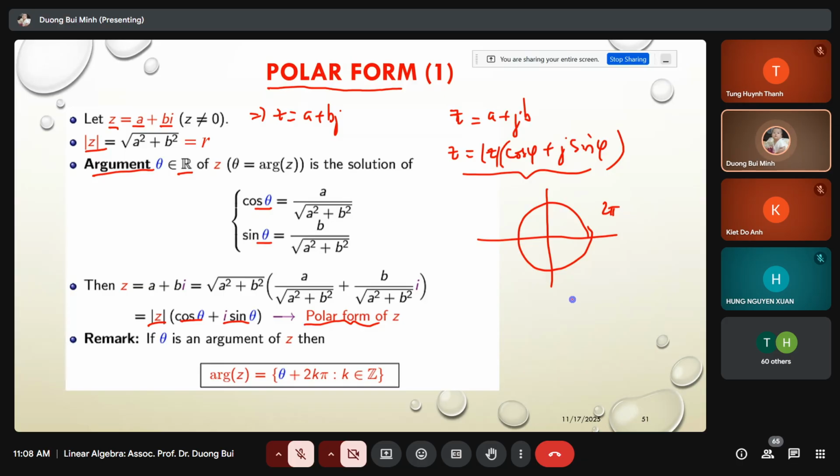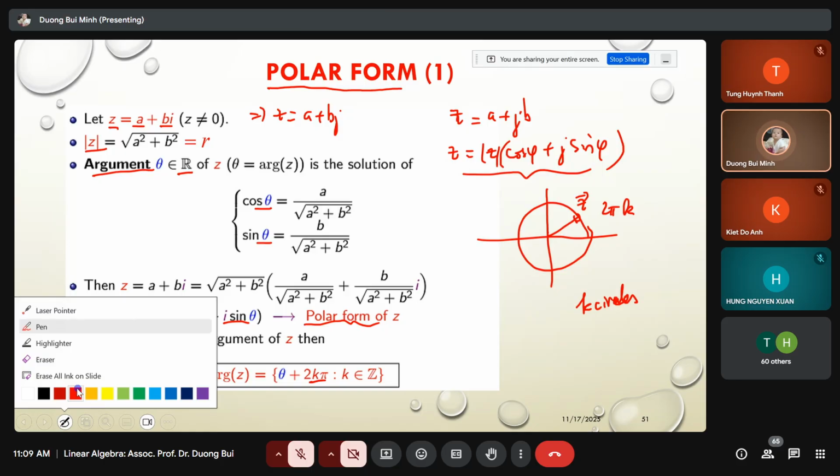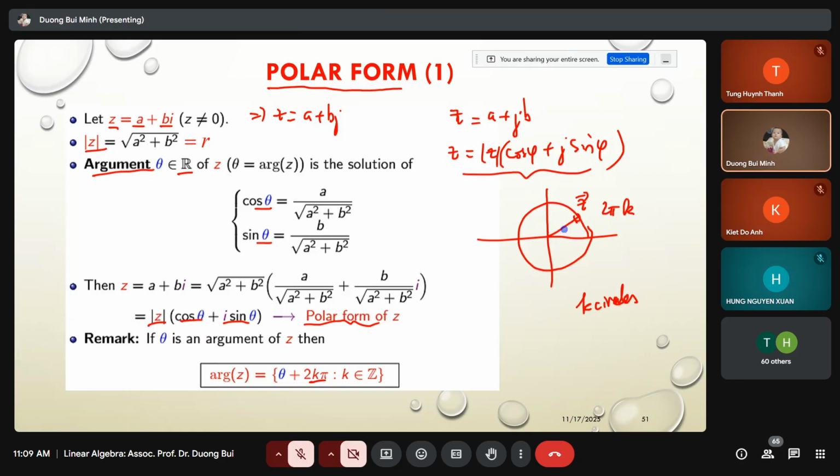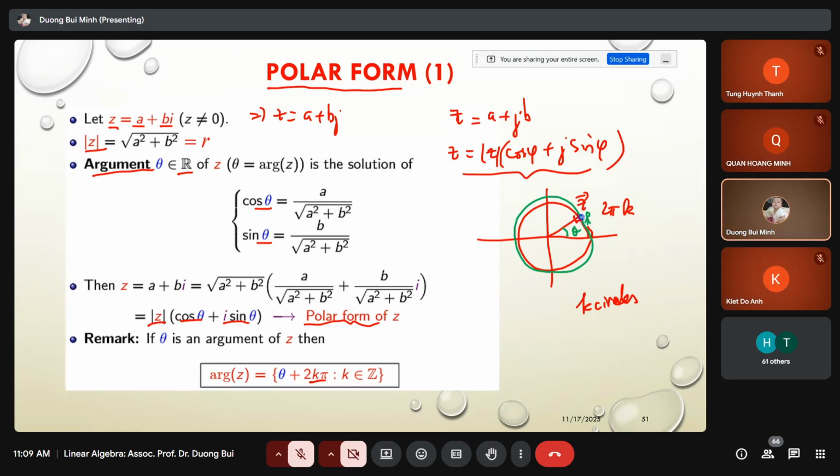And of course, we know one circle gives you 2 pi. So if we have k circles, you get 2 pi k, where k is an integer. If we have a vector z like this, and this angle is theta, and you make one full circle, you also get the same position.